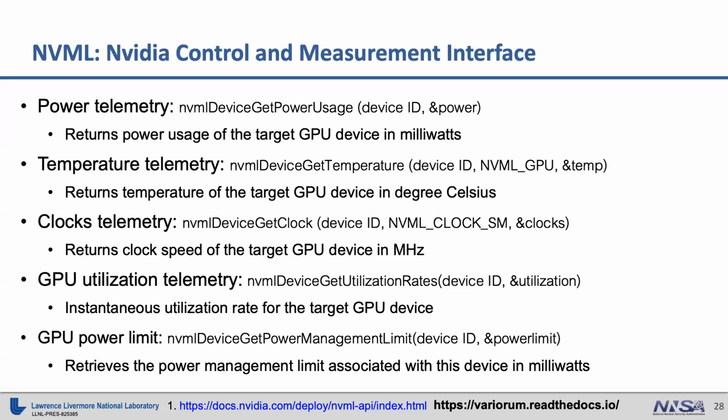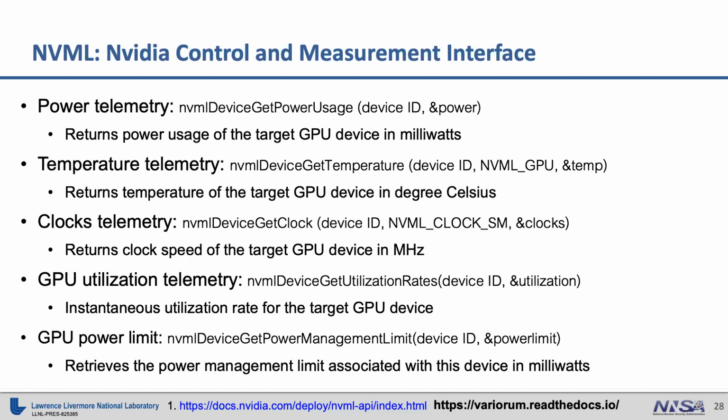The power telemetry is of 2 types. First is the instantaneous power usage. Second is the current power limit assigned on the GPUs. Both are in watts. These are obtained using the NVML device get power usage and NVML device get power management limits API. The temperature is obtained using the device get temperature API in degrees Celsius.